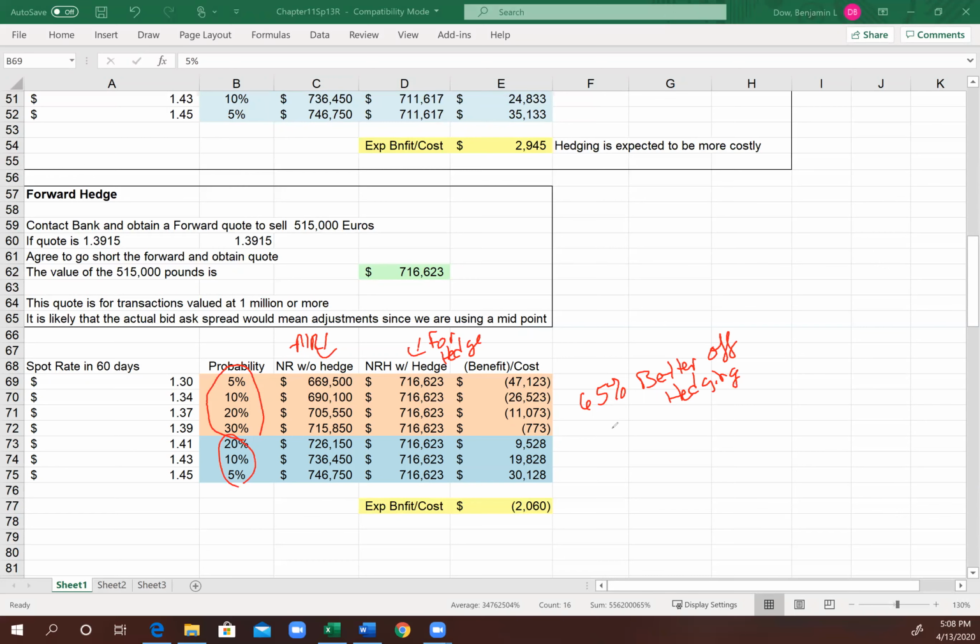And 35% of the time, better to have no hedge. And you can see when we find the weighted average of these, we get an expected benefit.